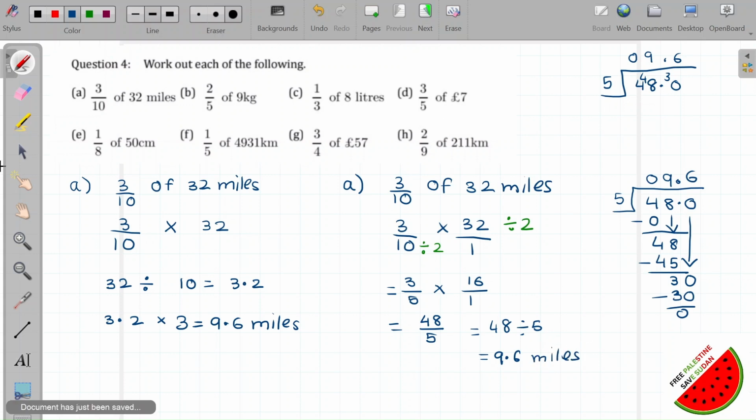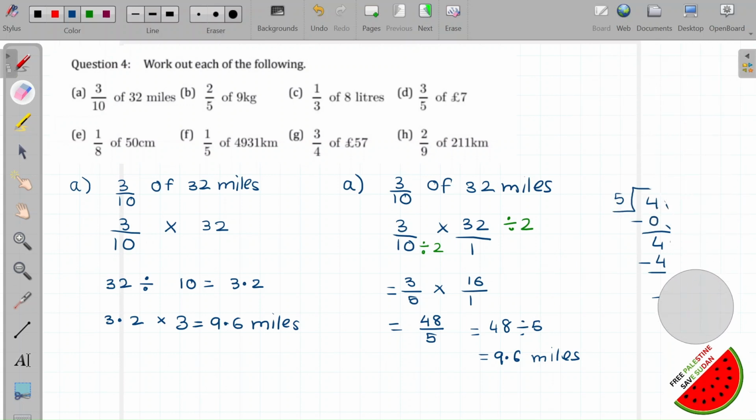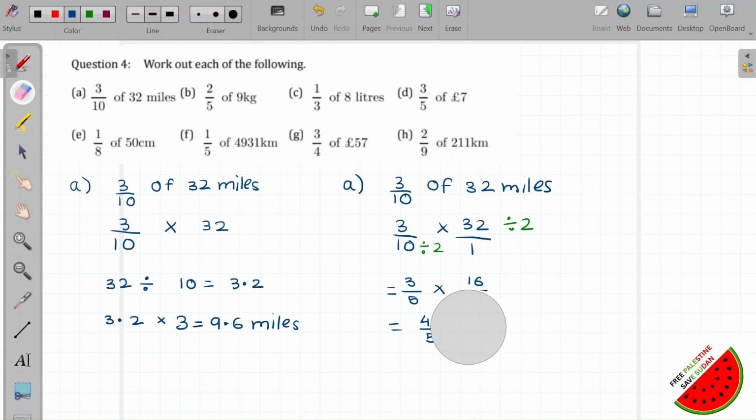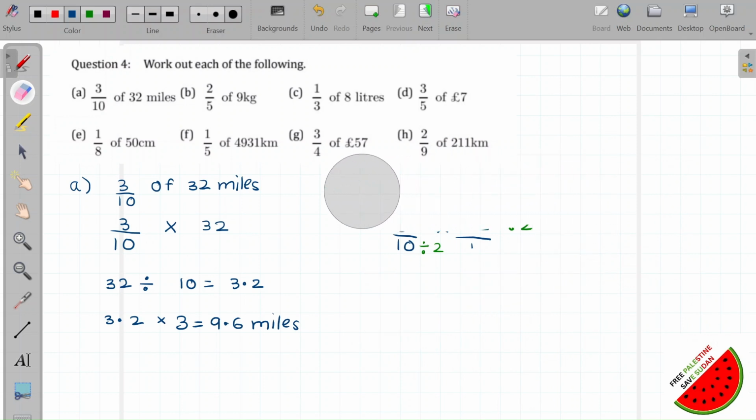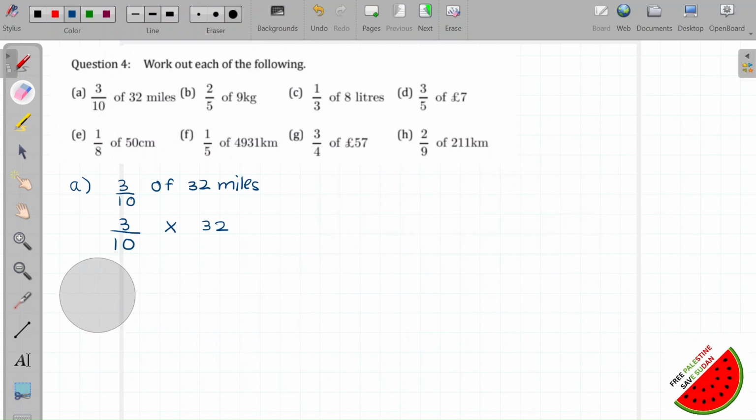Okay, now I'm going to try B in a different color. So I'm going to erase these. We're going to try B. So B is 2/5 of 9 kg.